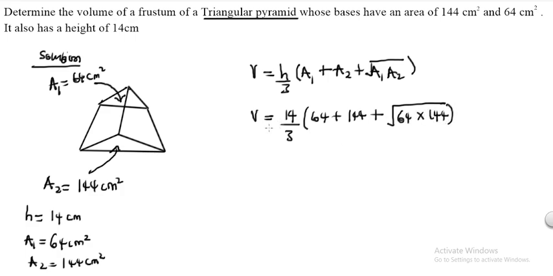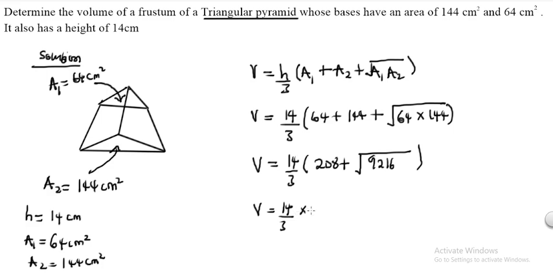So now I get to simplify all of this here. My volume will be equal to, I'll leave this fraction as it is, and then inside the brackets, I'll say 64 plus 144 is 208, plus, if I take the square root of 64 times 144, I have 9,216. If I close the bracket, the volume is equal to 14 over 3 times open bracket 208 plus the square root of 9,216, which is 96.